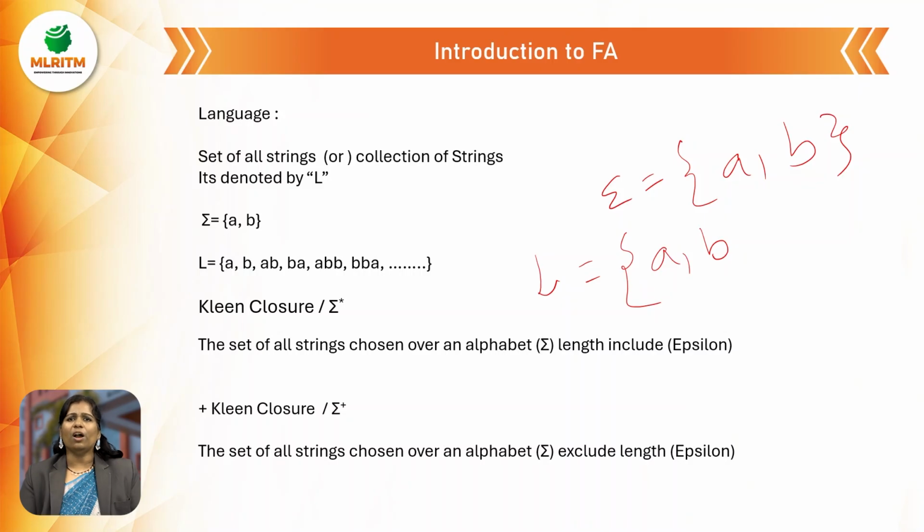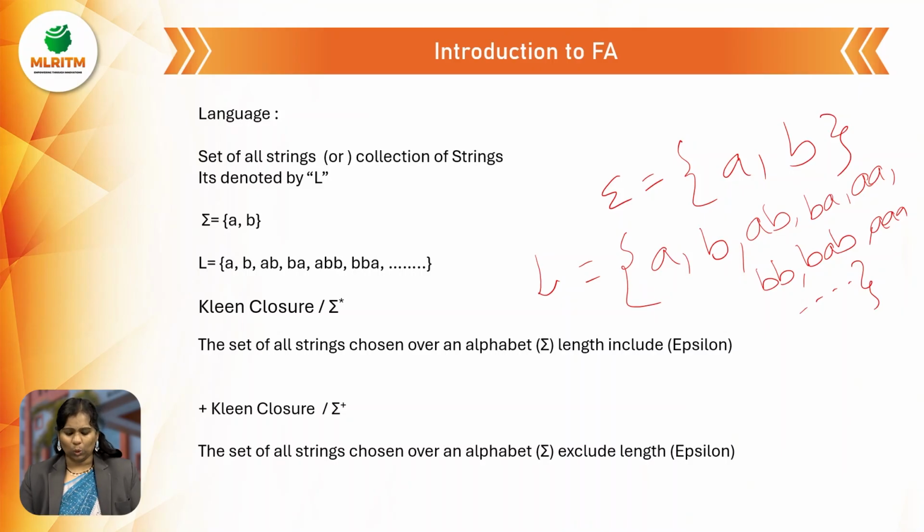So we can write all the possibilities in the language: A, B, AB, BA, AA, BB, BAB, AAA, and so on. So here they didn't mention any length, so we can say the string length is infinity. It has to be over A and B.